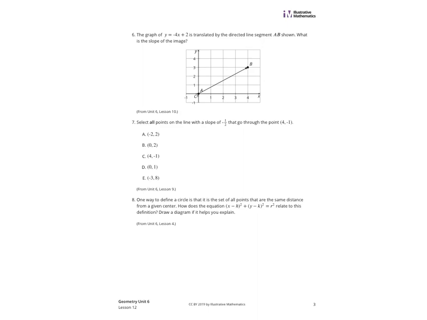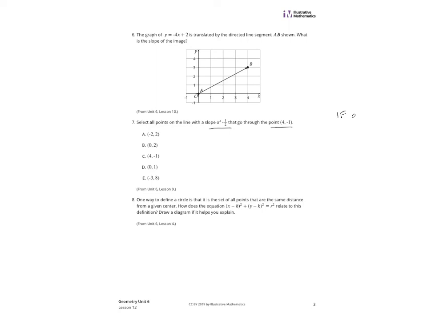So let's take a look at number 7. This is reviewing an important concept that's been with us since lesson 6 on circles. It says select all the points on the line with a slope of -1/2 that go through the point 4, -1. So we're going to use an important concept.